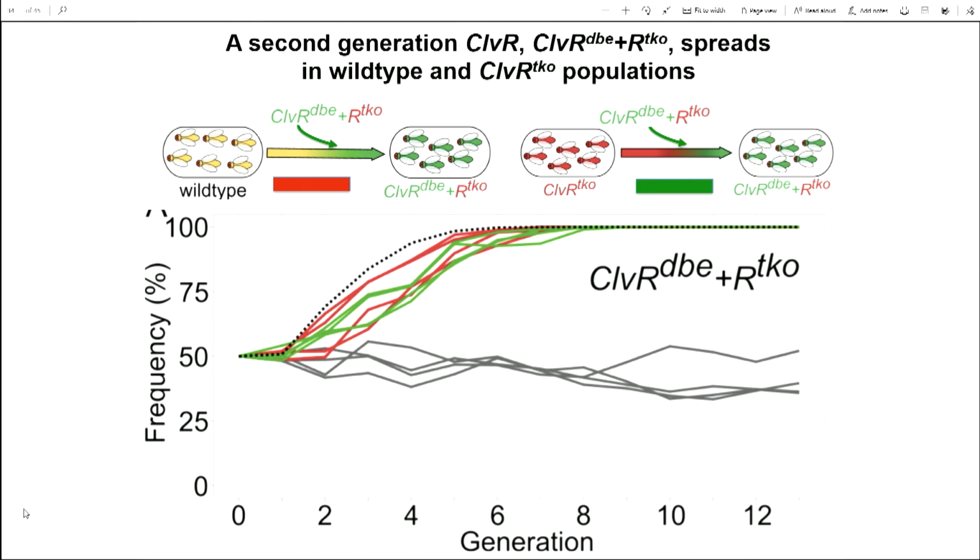And just as a reality check, we show that this can drive into a wild type population, converting wild type to cleaver dribble TKO. Those are the red lines here. And then we do the critical experiment, which is we take cleaver TKO and cleaver dribble TKO, and we drive it into a cleaver TKO population.